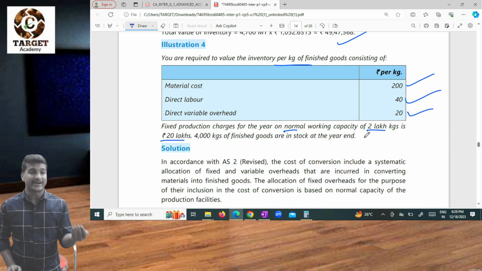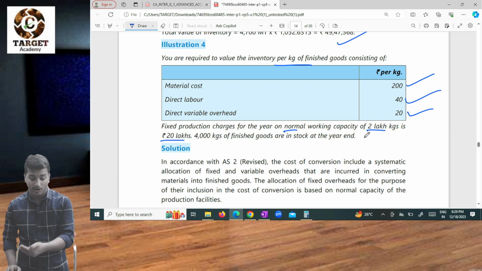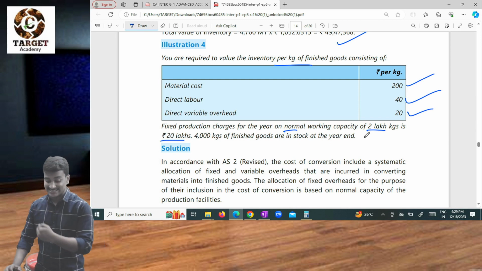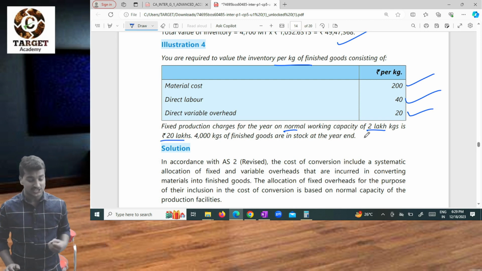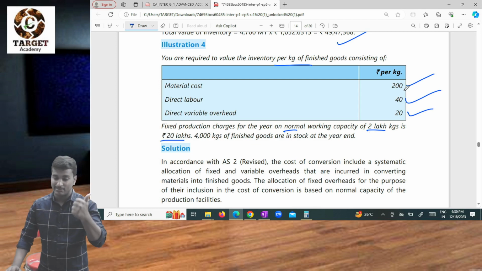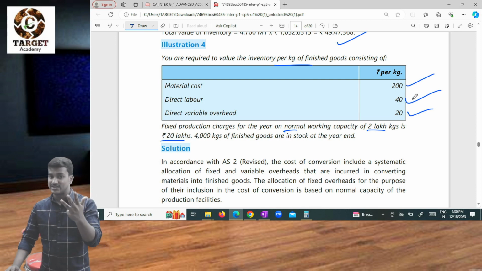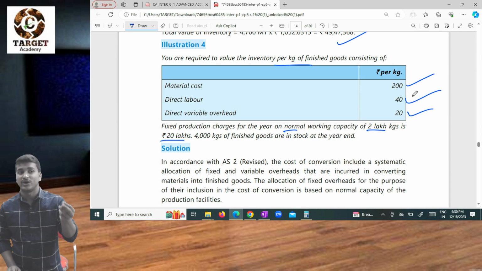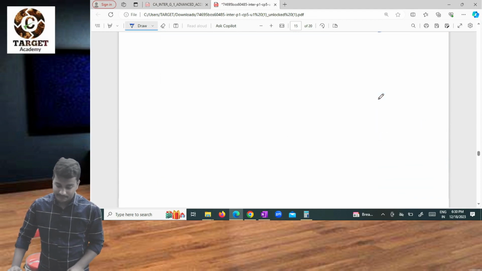But there is clear information with respect to normal capacity and cost. So 2 lakhs is the normal capacity and cost is 20 lakhs. So per unit 10. So 200 is the material cost, 40 is the labor, 20 is the variable, 10 is the fixed. So 200 plus 40 plus 20 plus 10, 200, 240, 260, 270 is your answer.